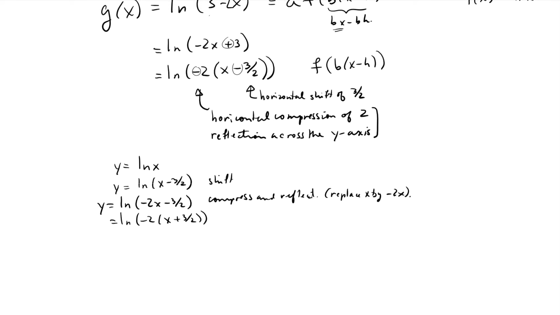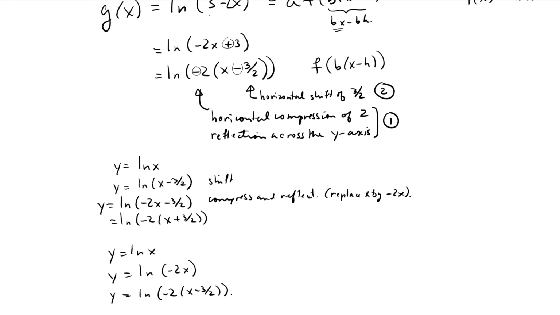I should compress first. So if I compress first, let's see that it actually works. If I compress, I replace x by minus 2x. And if afterwards I shift, I replace x by x minus 3/2. And now it's correct. So this is done first, and this is done last.